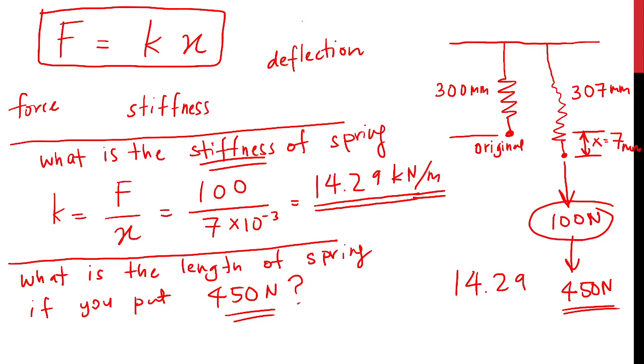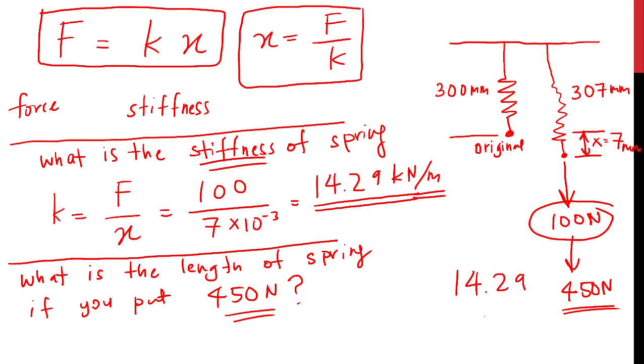Rearrange back. You're going to get... what is the answer? X equals F over K. 0.03.